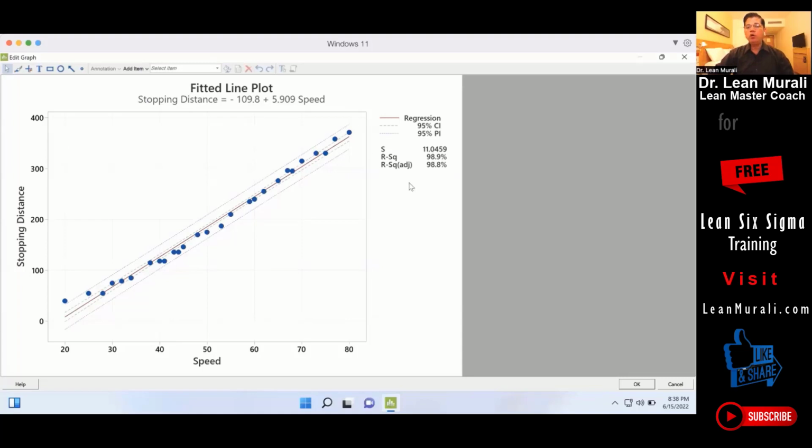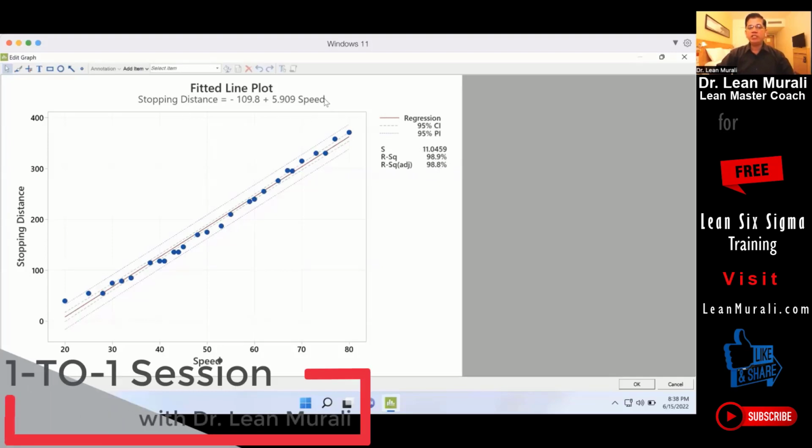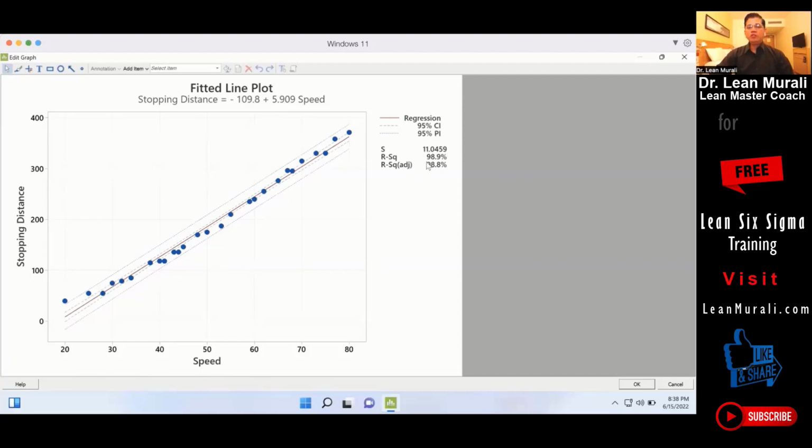Point number five is the R squared value, which means that 98.9% of the variation is explained by this equation. That is good news. Generally, 90 plus is good. That is what R square is. So five points we have covered so far.